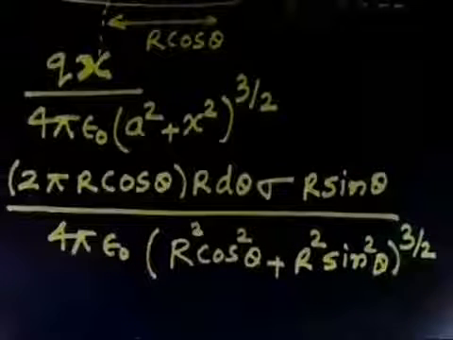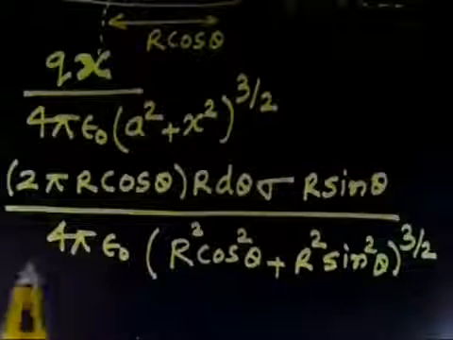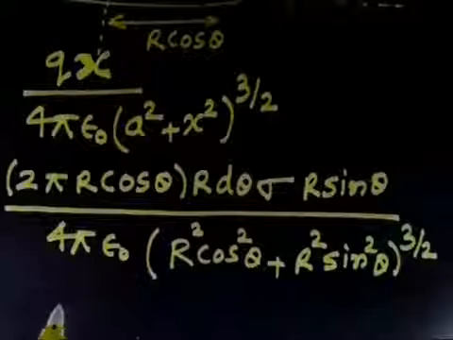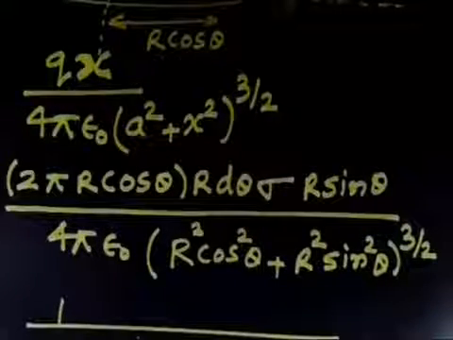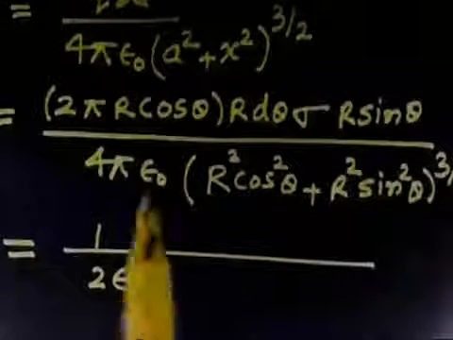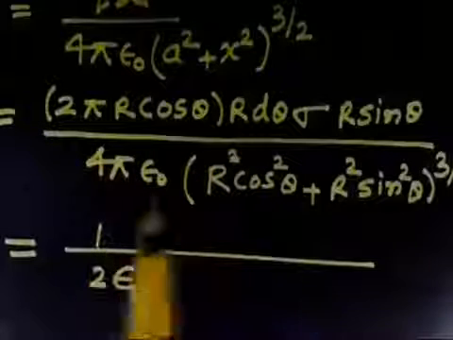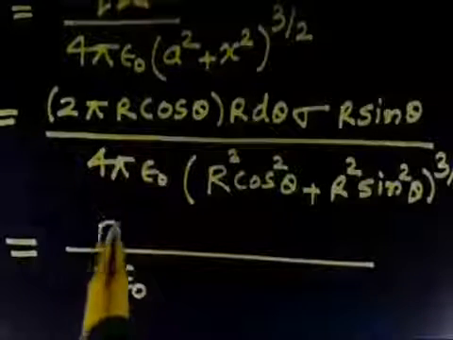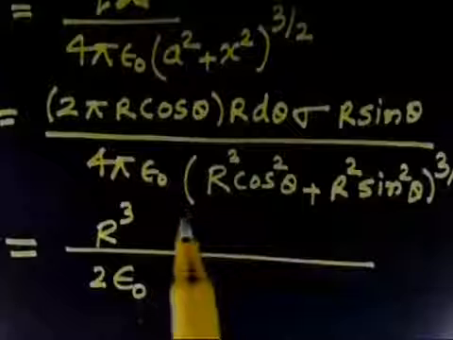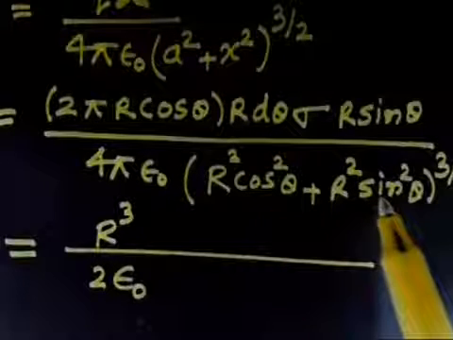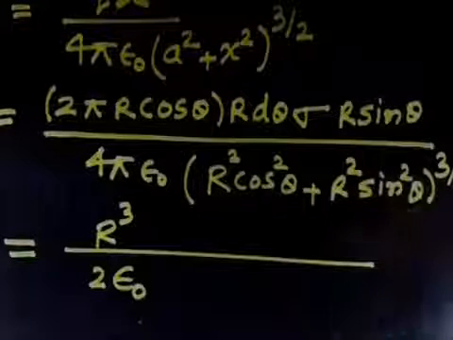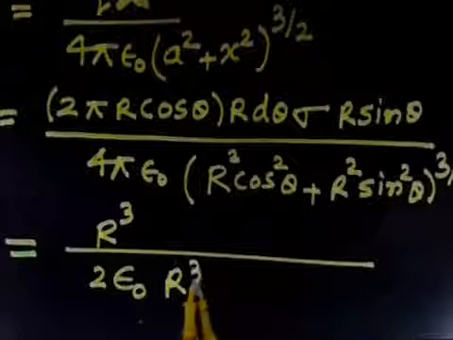If I do the calculation, 2 pi and 4 pi reduce, so I will have 1 by 2 epsilon naught. Let us plug in these values. I will have r times r square, so r cube, and r square cos square theta plus r square sin square theta gives r square to the power 3 by 2, simply r cube.